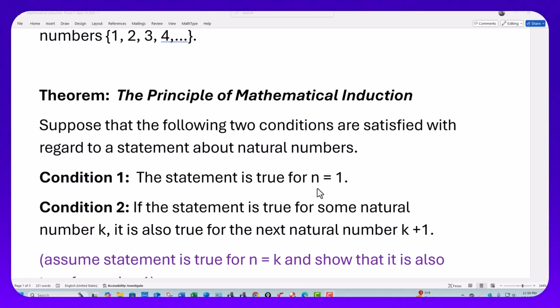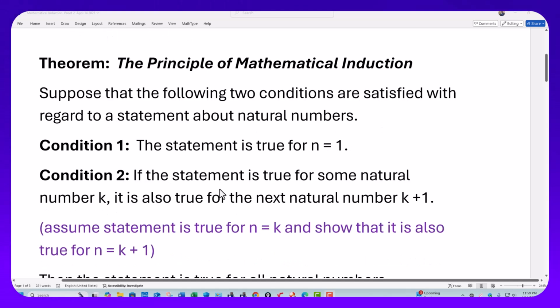They'll give you a statement regarding natural numbers. The last one we did, I believe, was the sum of the first n natural numbers, given by the formula n over 2 multiplied by n plus 1. This one is kind of similar. Condition 2, if the statement is true for some natural number k, it is also true for the next natural number, k plus 1.